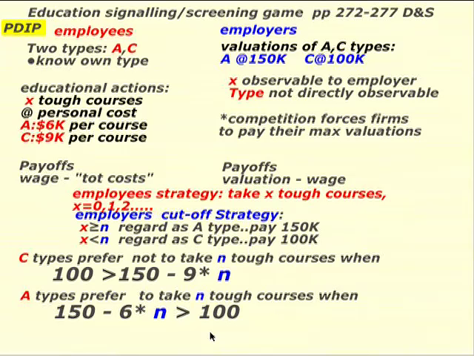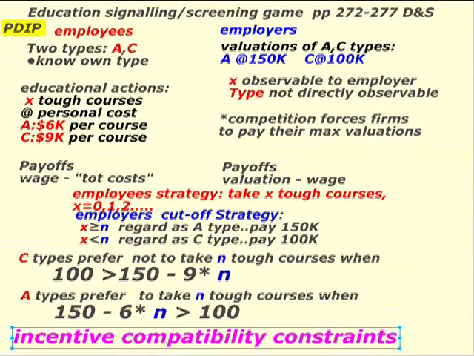Now, the inequality here: the left-hand side is their net payoff from taking the courses, which is greater than the payoff they would get without taking the courses. These two conditions are really best responses of the two different types of agents, and we call them incentive compatibility constraints.